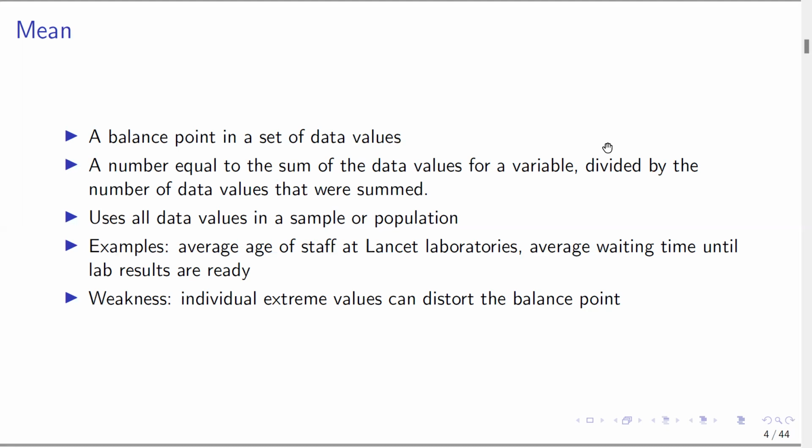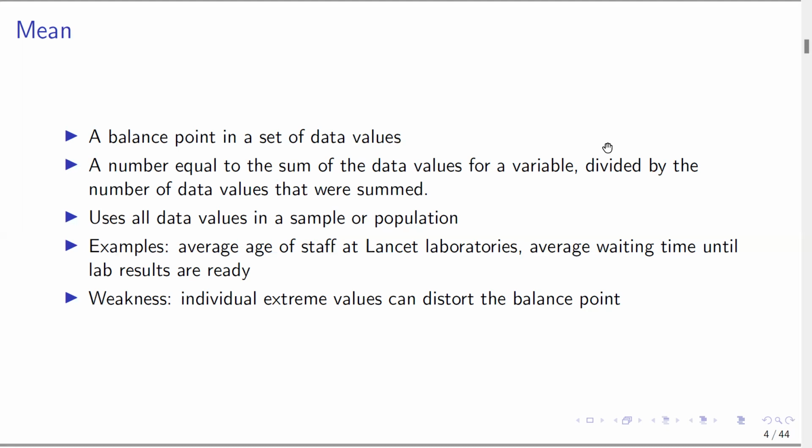The mean has a weakness. Individual extreme values can distort the balance point, okay? So in a case where, for example, the majority of you in your class span between age 20 and 30, I'll have a mean around the middle of 20, about 25 or 26.